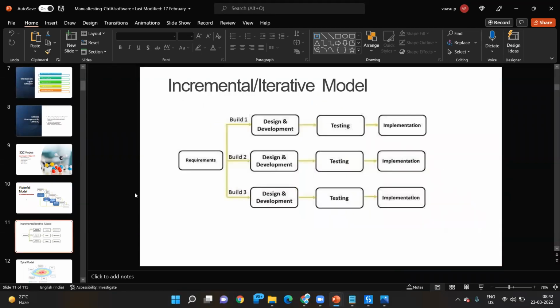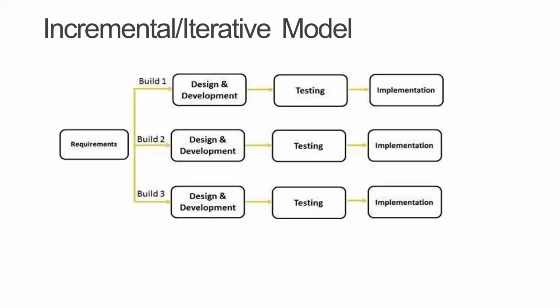So this is what the iterative model looks like. We took all the requirements and divided them into build 1, build 2, build 3. Each and every build again follows design, development, testing, and implementation. Once the first build is over, we go to the second build, then the third build.